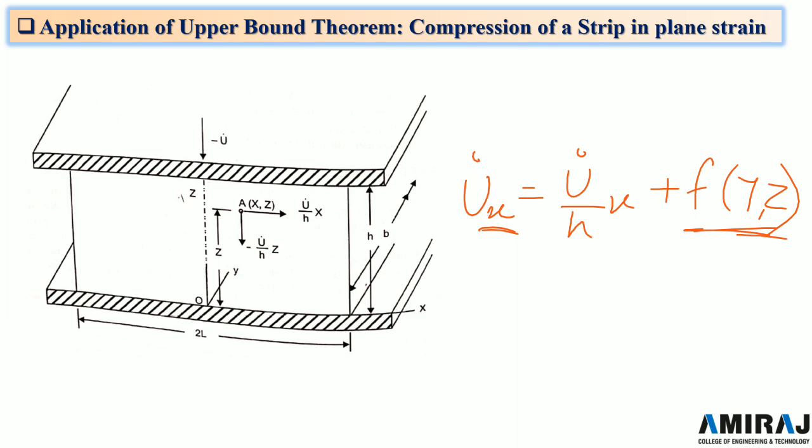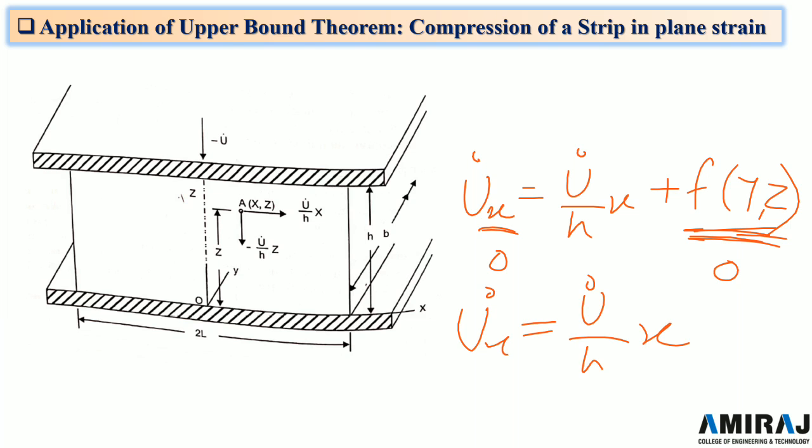Now at the center line, x is equal to 0, ux dot will become 0 at the center line, so this function will also become 0. Hence ux dot is equal to u dot by h into x.